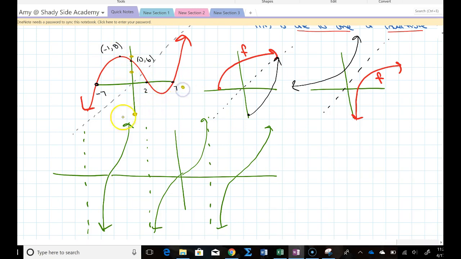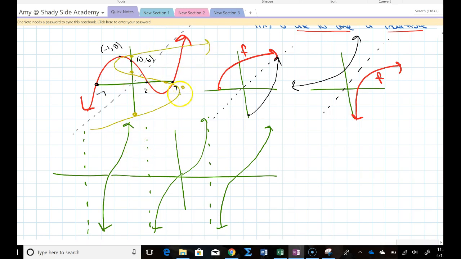And already I can kind of see what's happening here. What is this point? (0, 6) becomes (6, 0). All right, and if I'm pretty good with this, I will have something that looks like this.